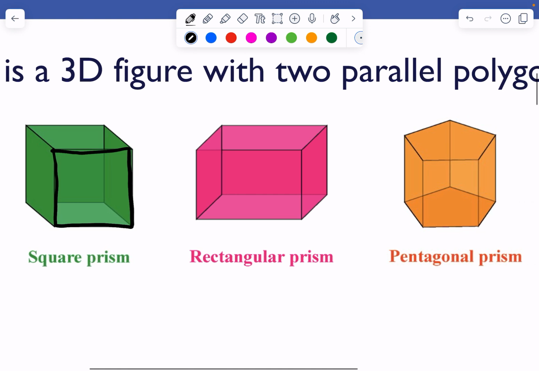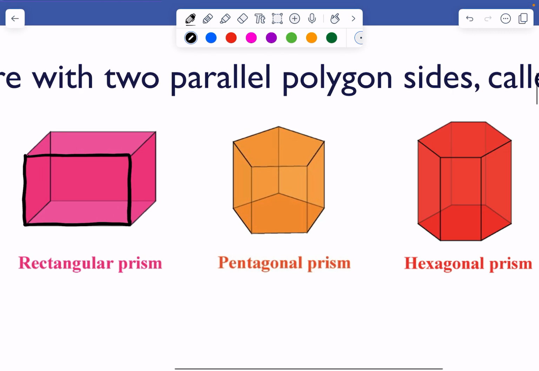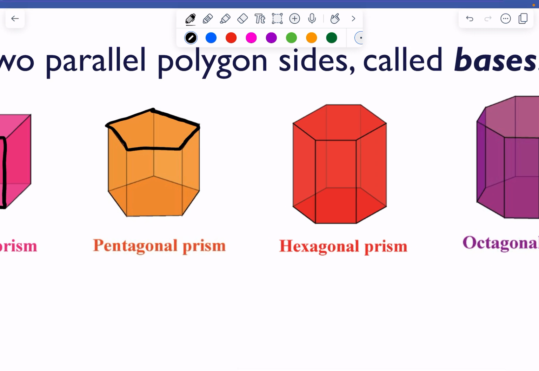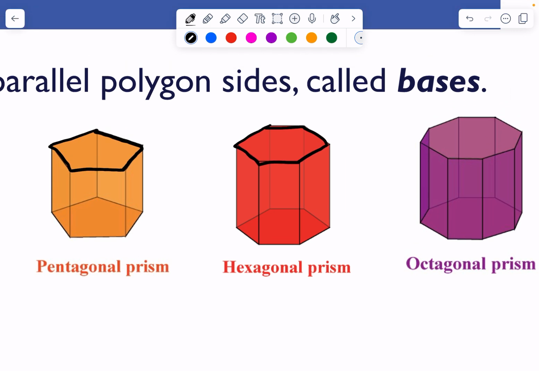On a rectangular prism, we would have the two rectangles that are parallel to each other. On a pentagonal prism, it would be the two pentagons. On a hexagonal, it would be the two hexagons. Octagonal, the two octagons.